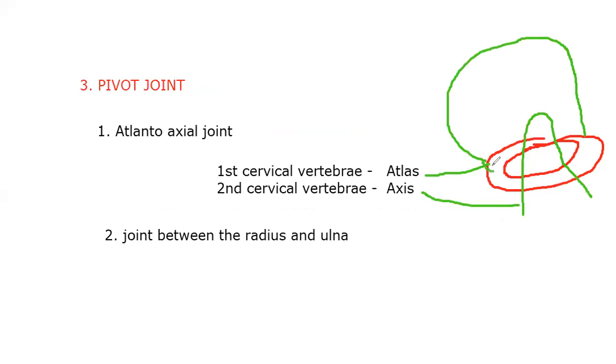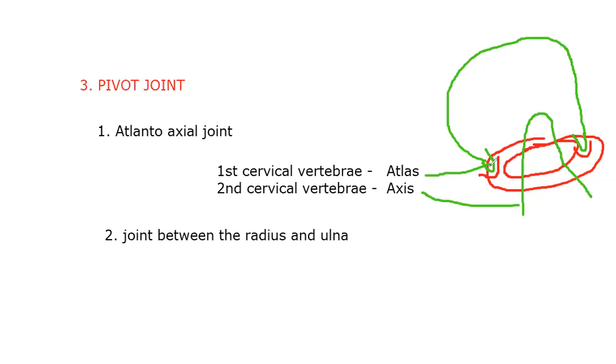They have two condyles, isn't it? The two condyles fit into facets in the atlas, that means the concavity. So the two occipital condyles of the occipital bone fit into the facets.